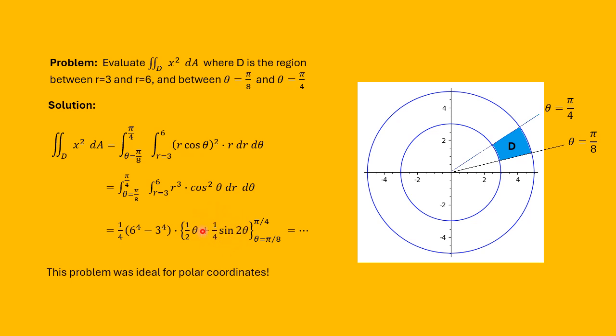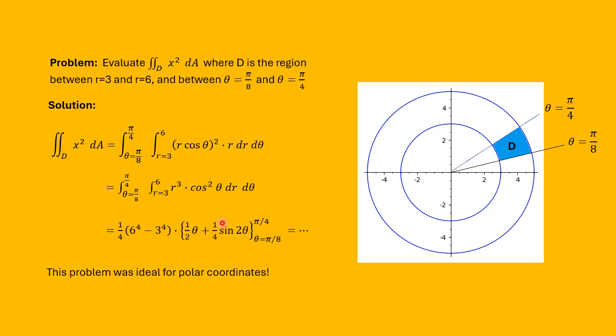You probably evaluated this type of integral before when you talked about techniques of integration. And so we're going to plug in pi over 8 and pi over 4 for the theta here. Notice that here we have a theta, here we have a sine of 2 theta, so we have to be aware of that. So now we plug in those numbers, do a little bit of arithmetic to get our final answer, the value of that integral.